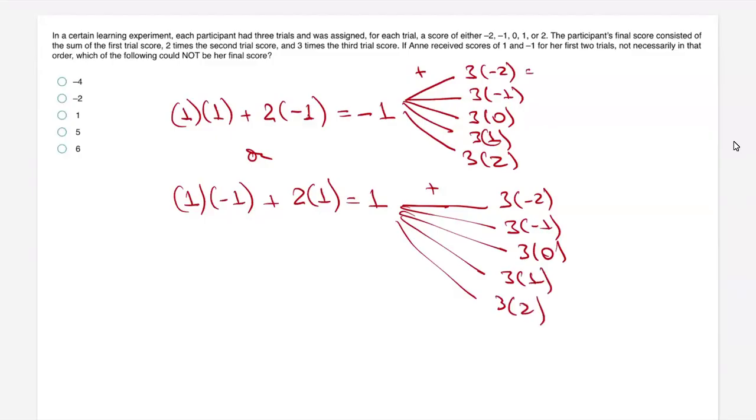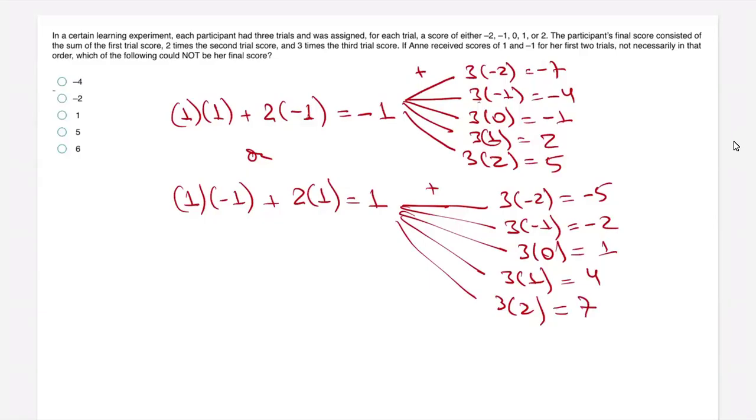So 3 times minus 2, minus 6, minus 1, minus 7. 3 times minus 1, minus 3, minus 1, minus 4. 3 times 0, 0 minus 1, minus 1. 3 times 1, 3 minus 1, 2. 3 times 2, 6 minus 1, 5. 3 times minus 2, minus 6 plus 1, minus 5. 3 times minus 1, minus 3 plus 1, minus 2. 3 times 0, 0 plus 1, 1. 3 times 1, 3 plus 1, 4. 3 times 2, 6 plus 1, 7.